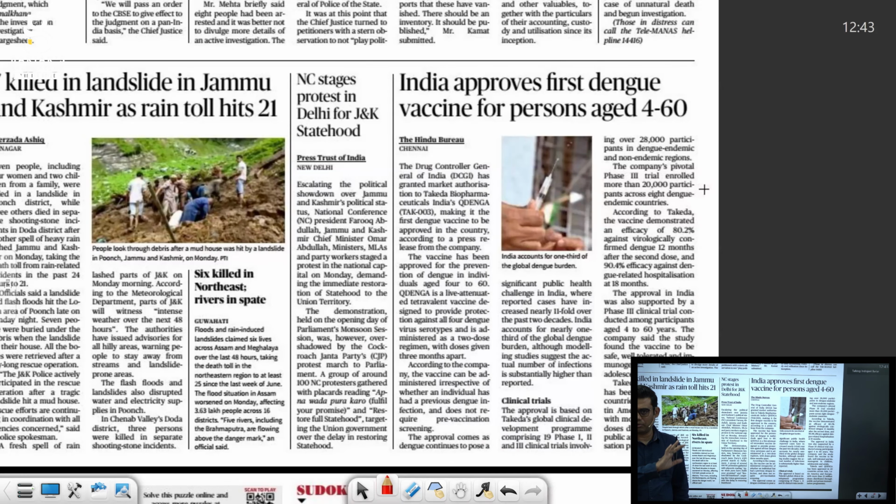Science detailing, we are not going into that. Just the facts that I have to note down as of now: the name of this vaccine, which is QDENGA, the first dengue vaccine to be approved in the country. This is the first fact.